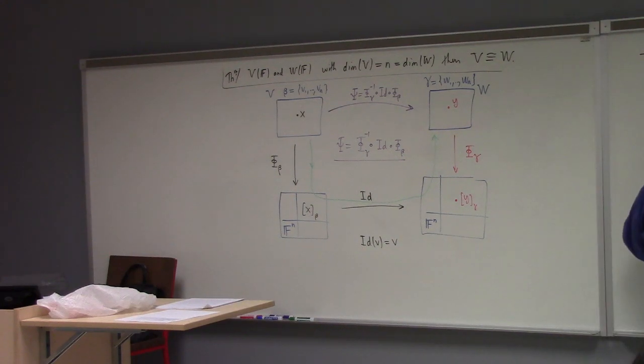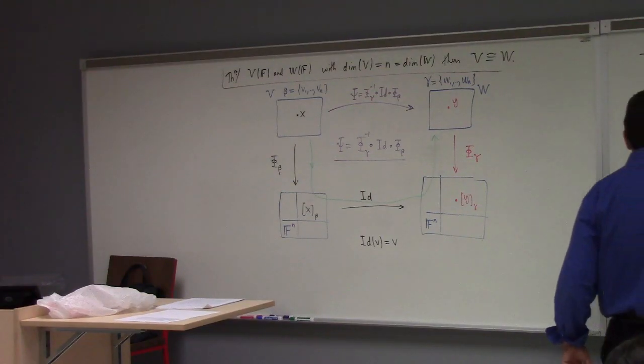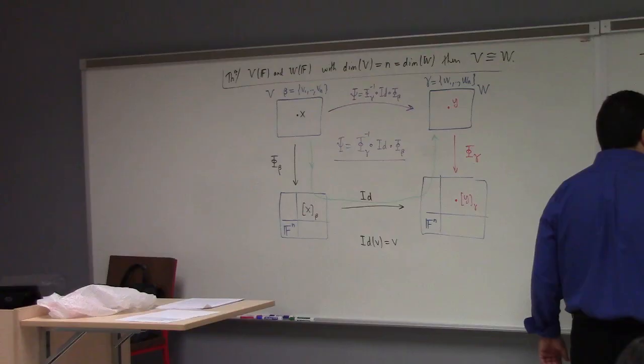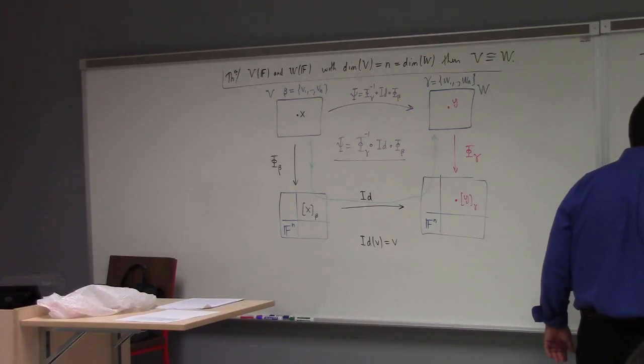So the first thing we do is we take T of v1 with respect to the gamma coordinate, and then T of v2 with respect to the gamma coordinate, through T of vn with respect to the gamma, where beta is v1 through vn.